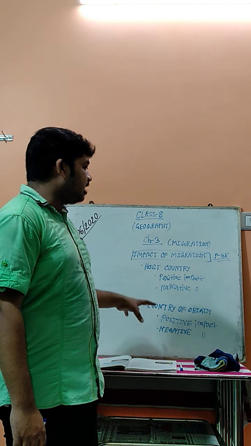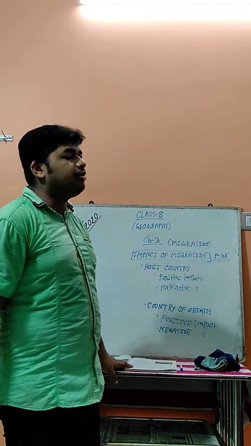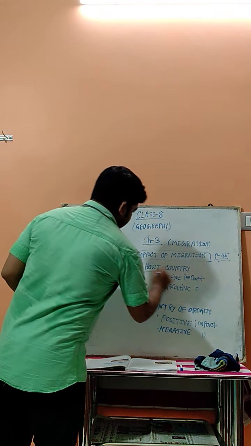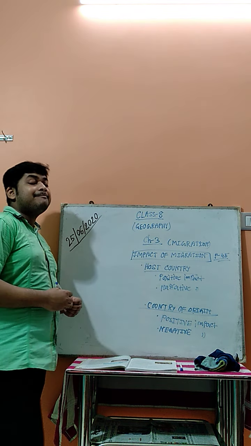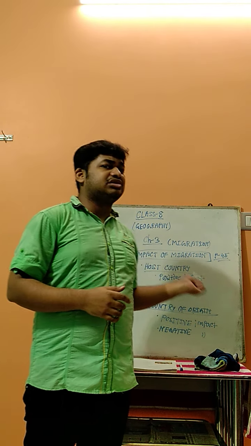Now, before we start the impact of migration, first I am going to discuss the two types of country. One is the host country and the other is the parent country or the country of origin. Which one is called the host country and which is the parent country?